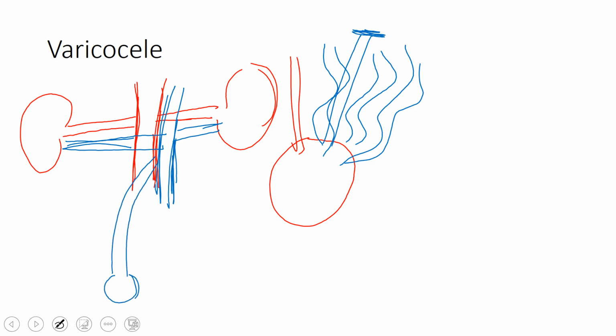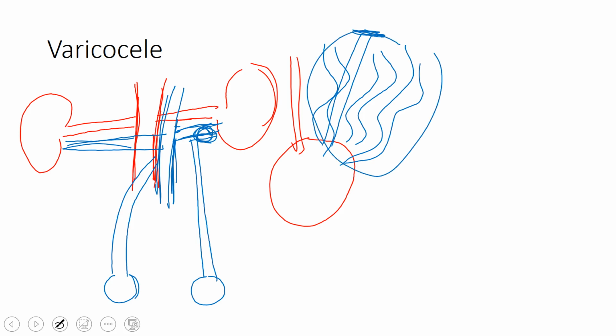But on the left side, it comes off of the renal vein there, okay, and so if you get some sort of renal cell carcinoma, it can obstruct the blood flow in here, and that's why you get this bag of worms thing. That's why everything gets blocked up like that.